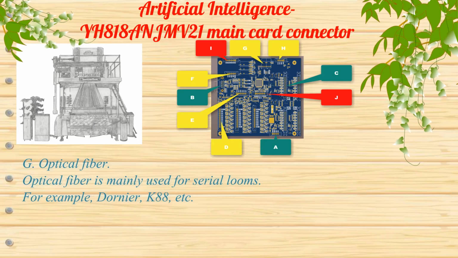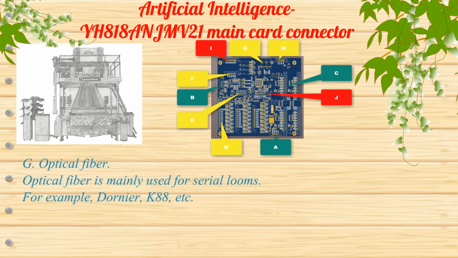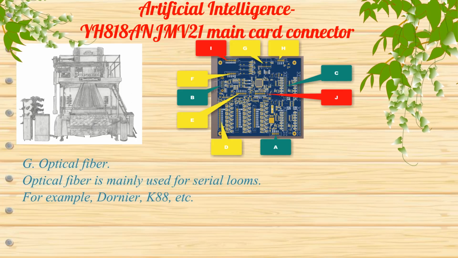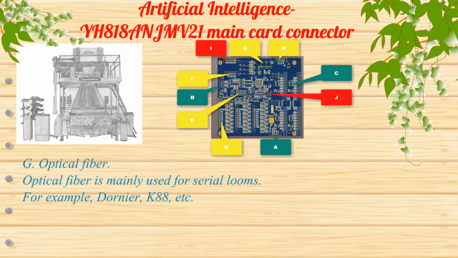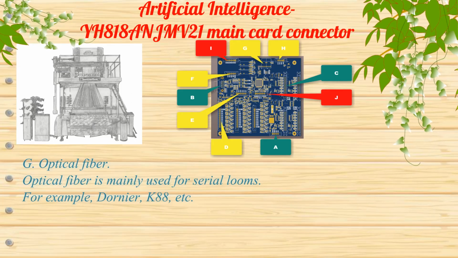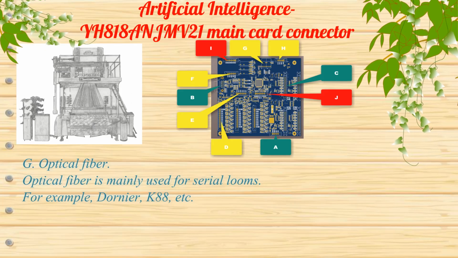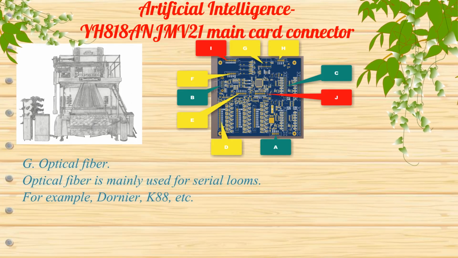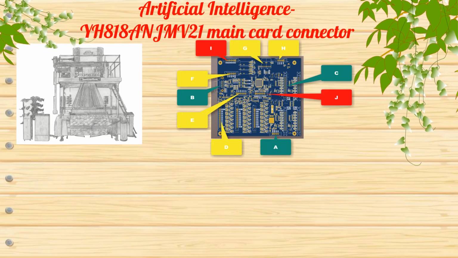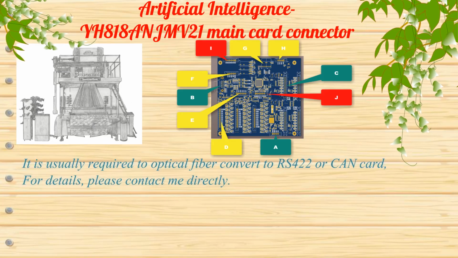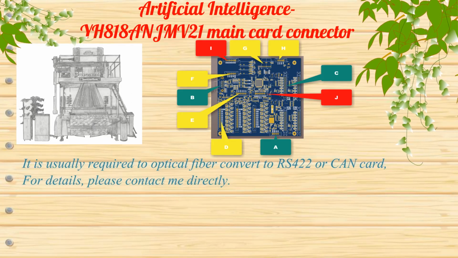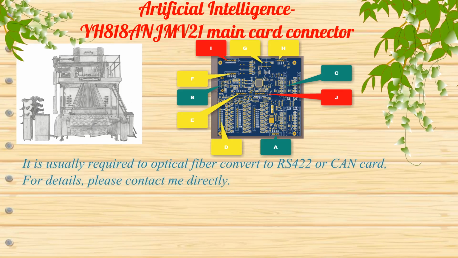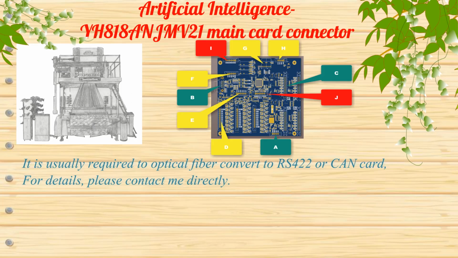G. Optical fiber. Optical fiber is mainly used for serial looms, for example, Dornier, K88, etc. It is usually required to convert optical fiber to RS422 for the jacquard.